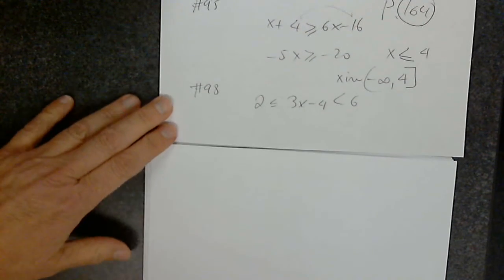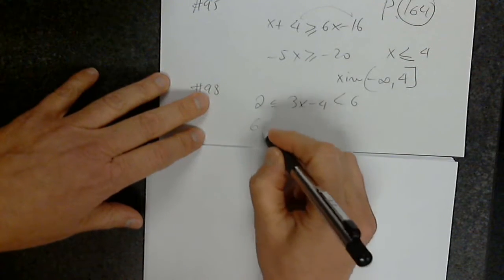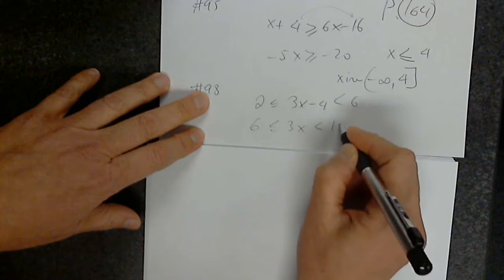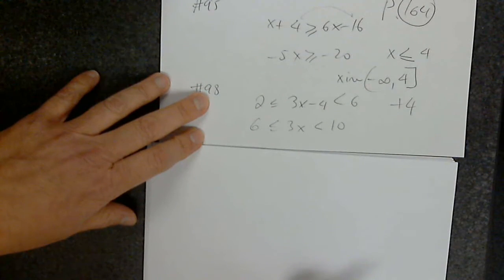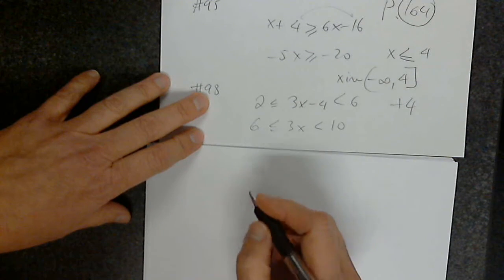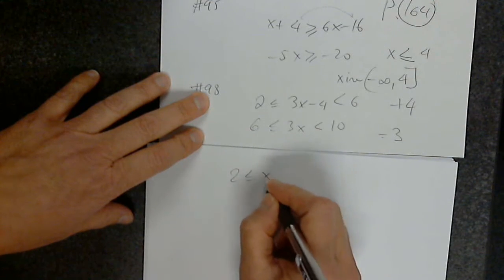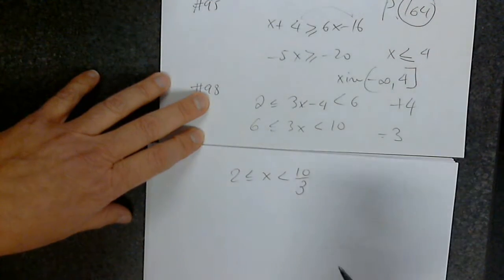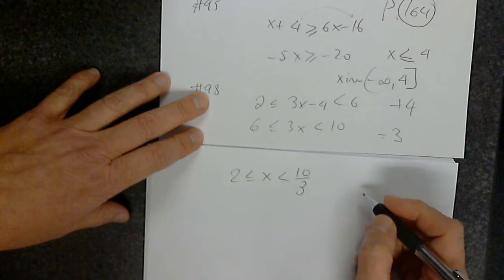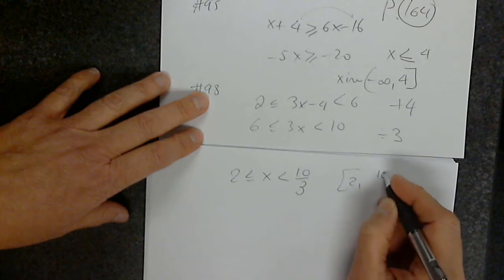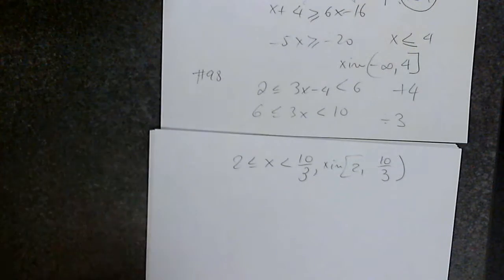Add 4 to all three sides. 6, 3x, 10. We're adding 4 to all three sides. And then divide all 3 sides by 3. Very good. So 2 less than or equal to x less than 10/3. How do I write this in interval notation? Brackets 2. Good, perfect.